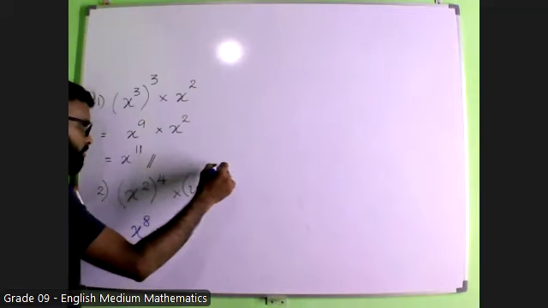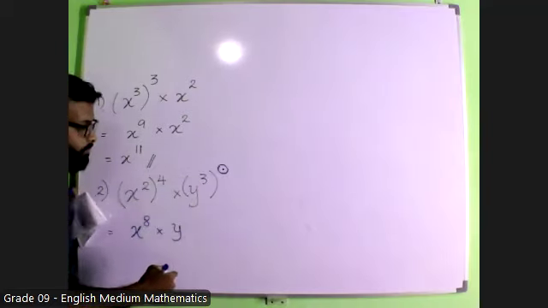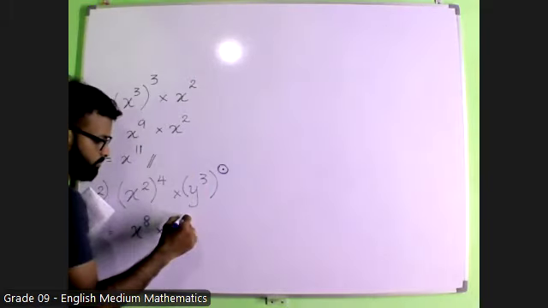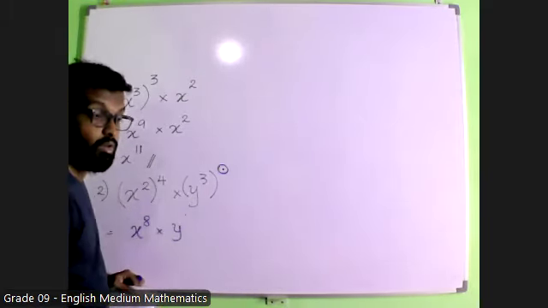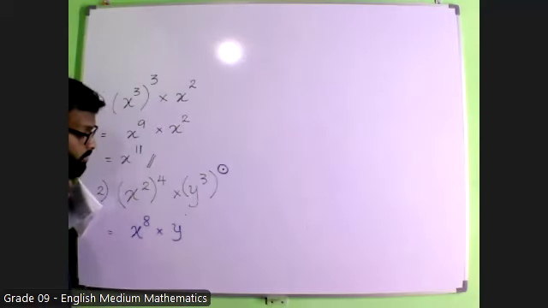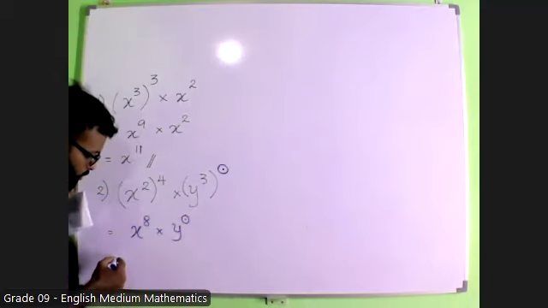Here you have y to the power 3, to the power 0. Y to the power 3 times 0, and 3 times 0 equals 0. So y to the power 0 means 1. Now tell me the answer.